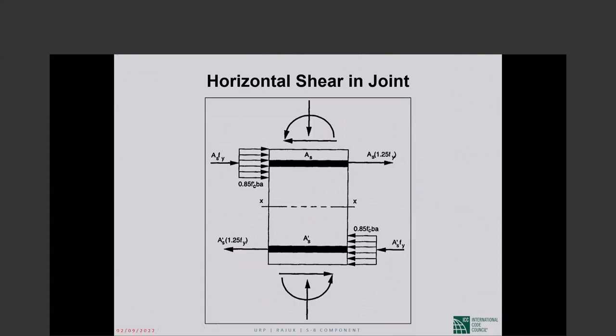Okay. Now, joint shear. The shear design of joints used to be like any other shear design. We used to say so much is carried by concrete, and whatever is not carried by concrete, you have to provide horizontal shear reinforcement to resist.